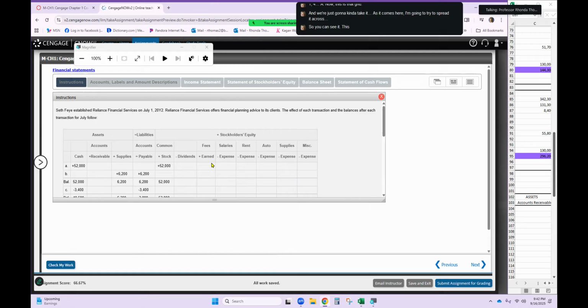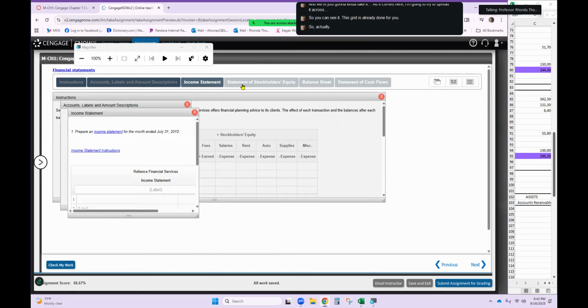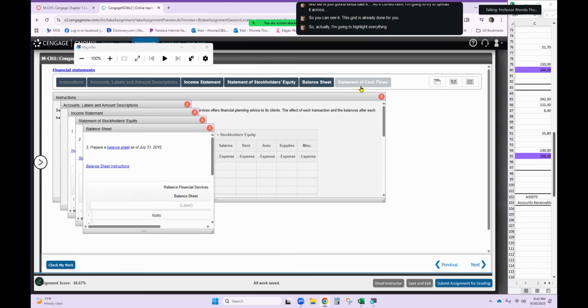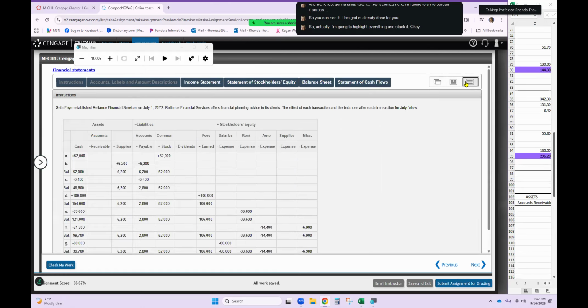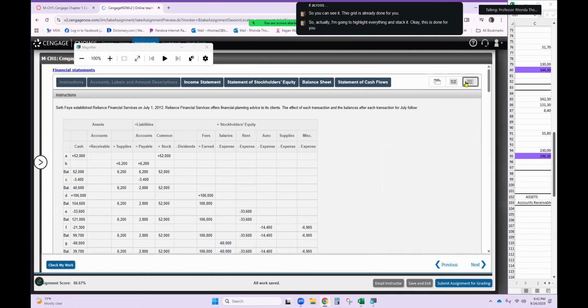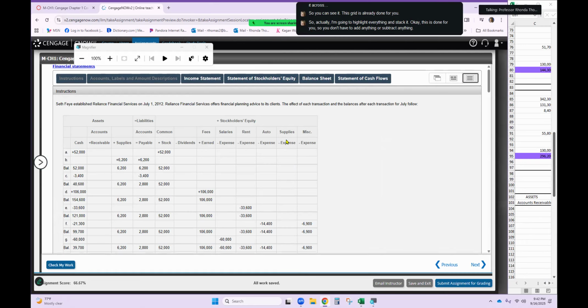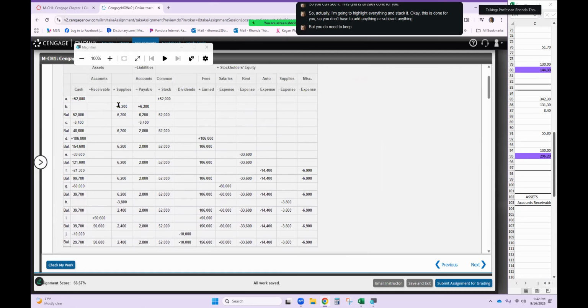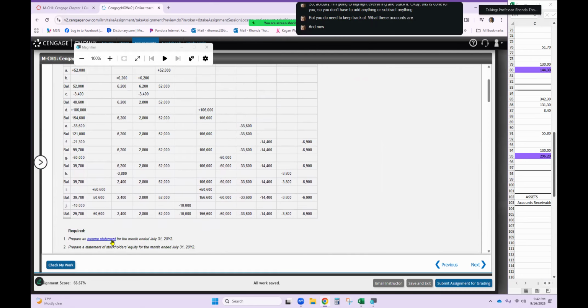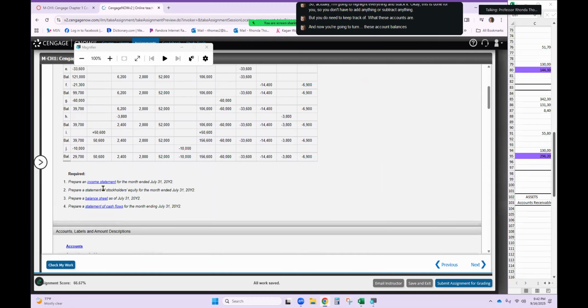This grid is already done for you. So actually, I'm going to highlight everything and stack it. Okay, this is done for you. So you don't have to add anything or subtract anything, but you do need to keep track of what these accounts are. And now you're going to turn these account balances into these financial statements.